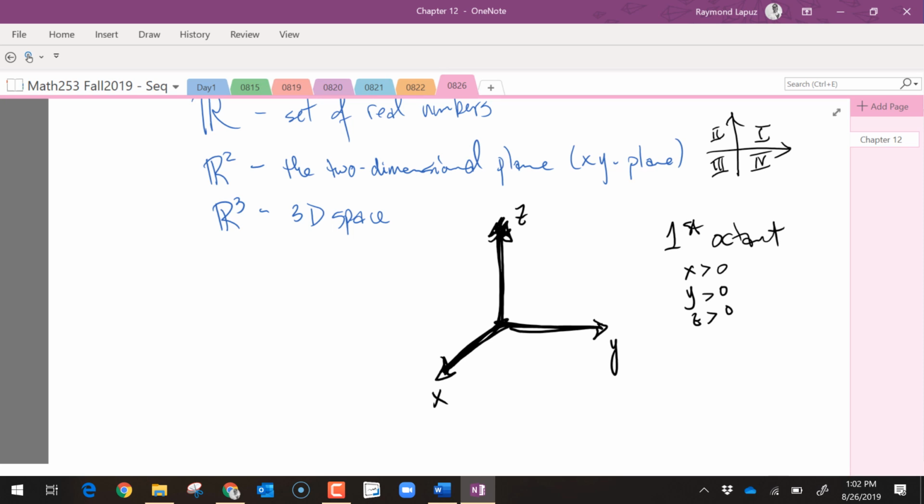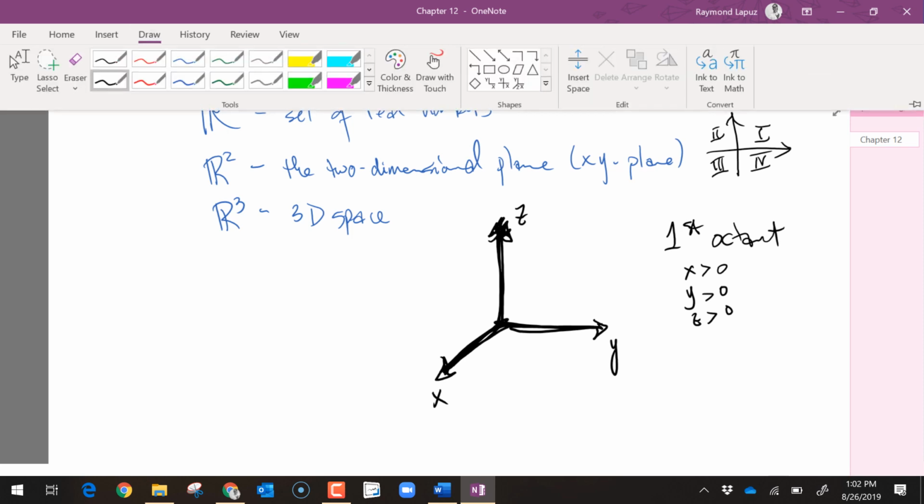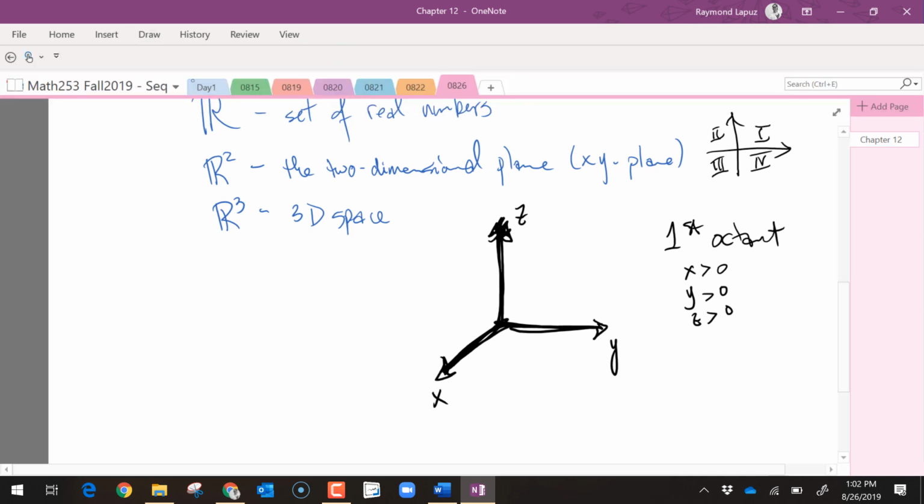But if we look at it just from the positive side, when I draw these planes, just imagine these planes as extending forever. But let's start with the XY plane. And I would draw it like this.